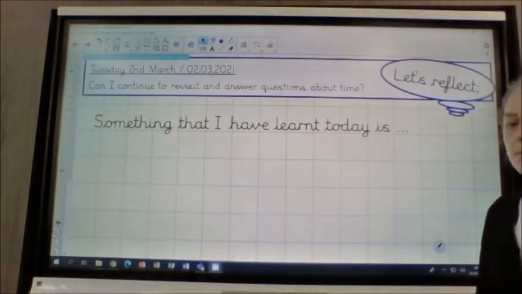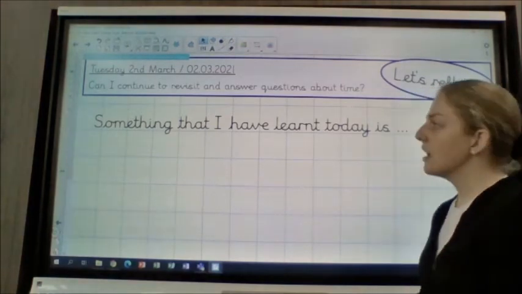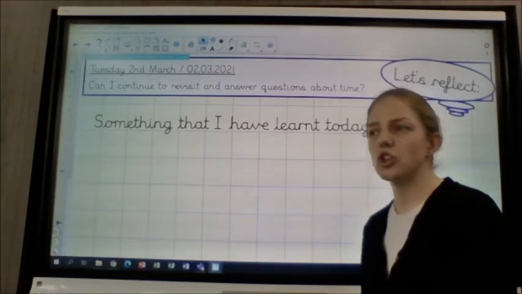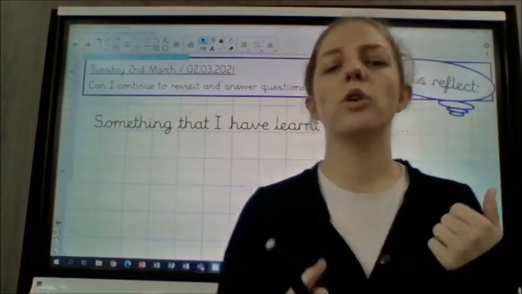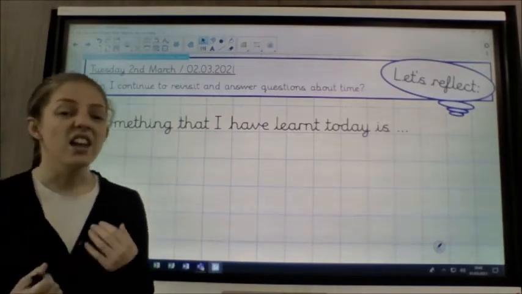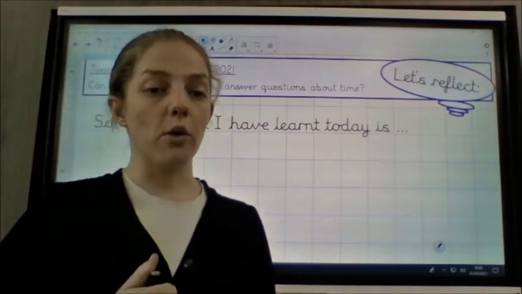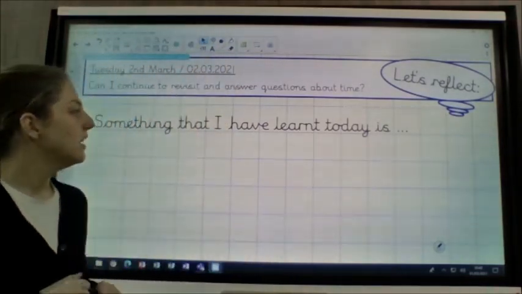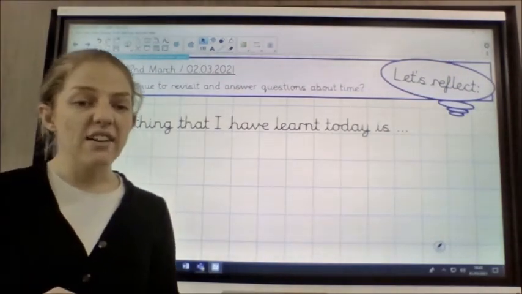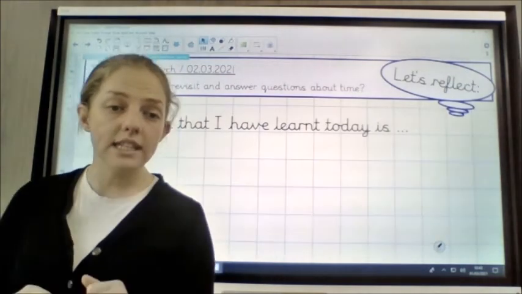And your last part for today is a reflection. So we're going to continue with these reflections just so we can understand what worked well, what we might change, what we found hard or easy, and little ways to help us to remember what we have learned today, okay? So your reflection for today is something that I have learned today is, what is it that you have learned?